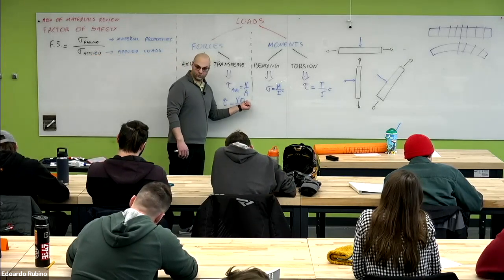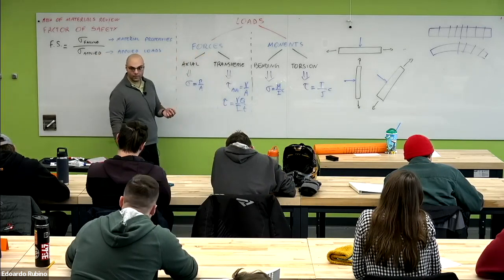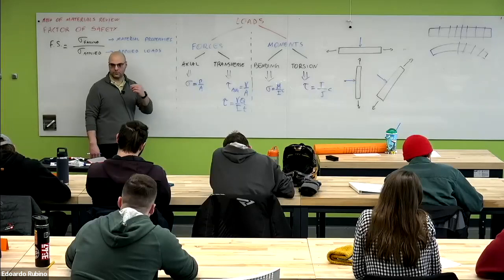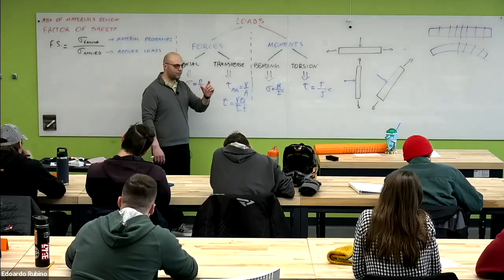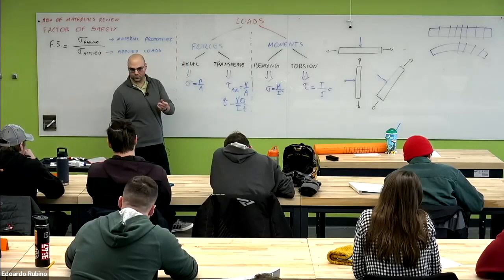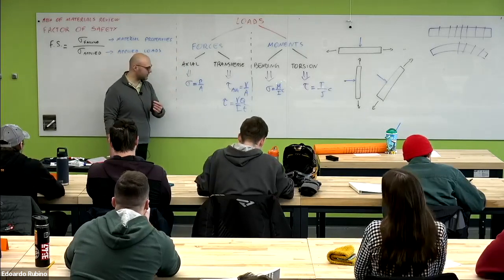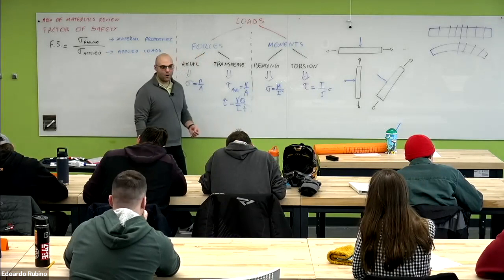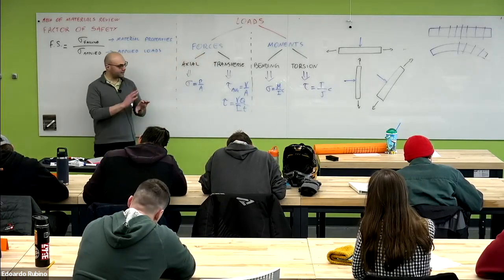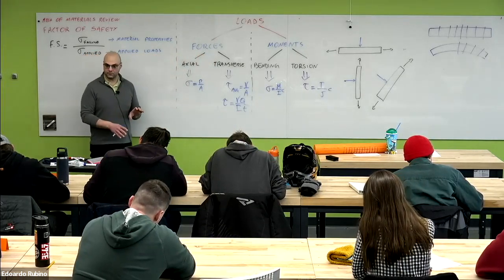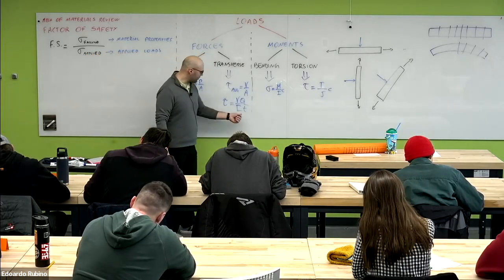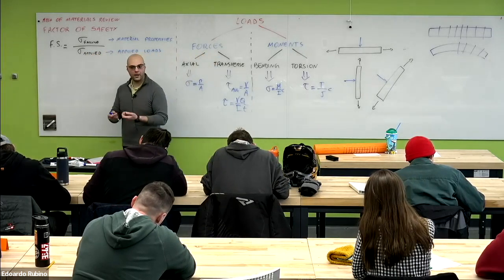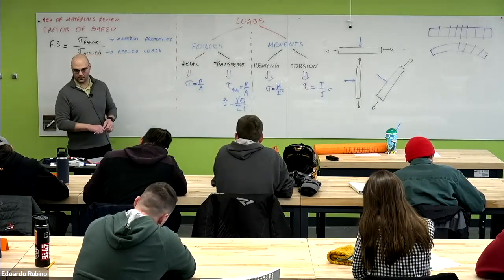Then Q is the static moment of the portion of the cross-section that is above the location at which we want to determine the shear stress. Then we have I, which is the moment of inertia of the entire cross-section. And T is the width of the cross-section where we want to determine the shear stress.